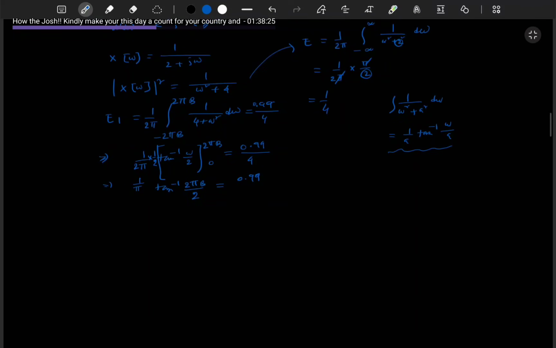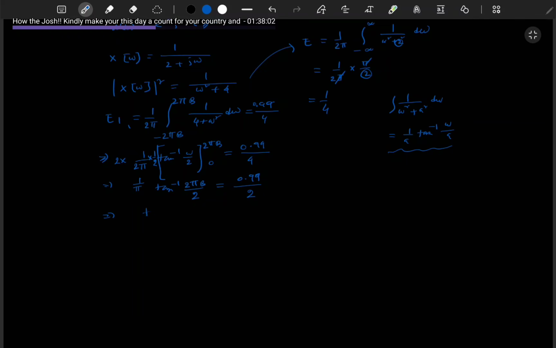One second. Here I think the factor 2 will come because of this even function, so it will go here.